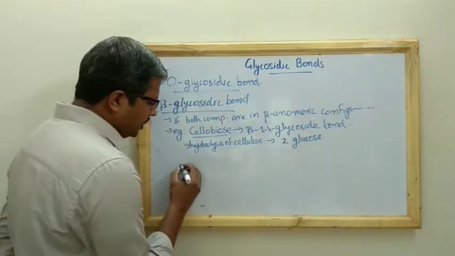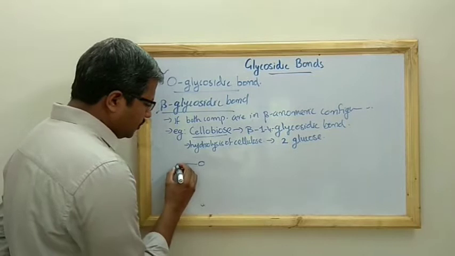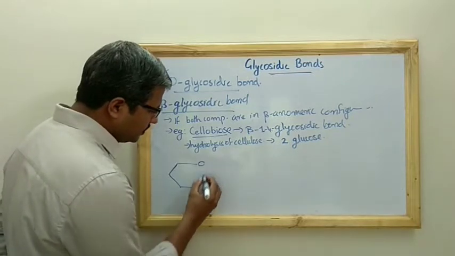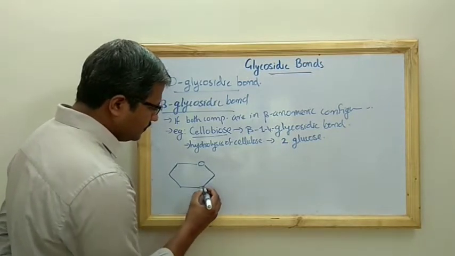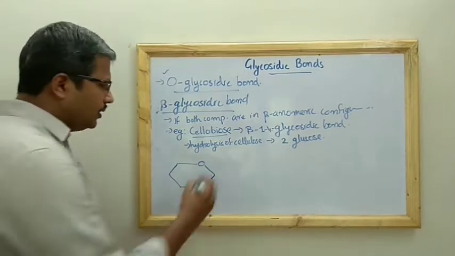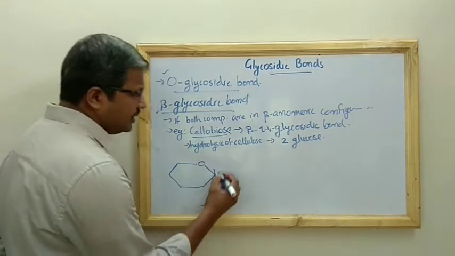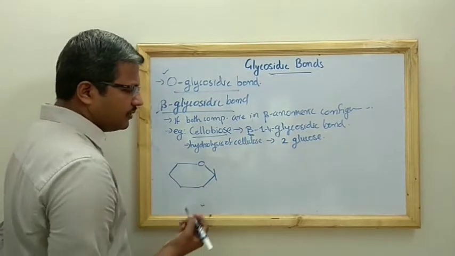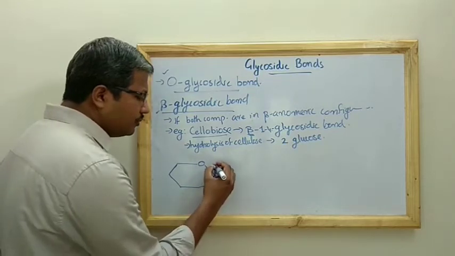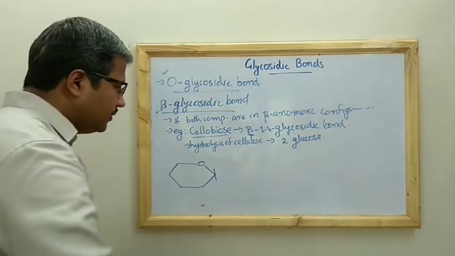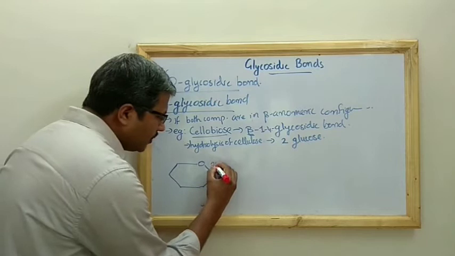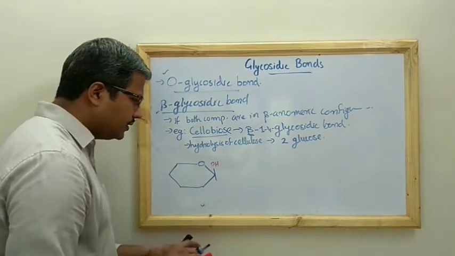So we have to draw the glucose. So first glucose. And we know that it is in beta configuration, so OH should be on top. I am just drawing OH with the red to understand what role it plays.